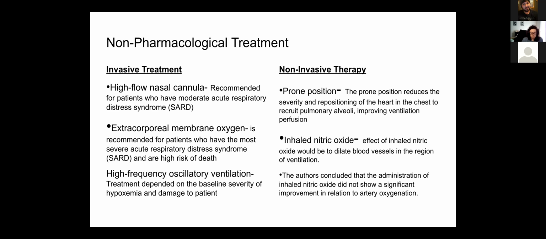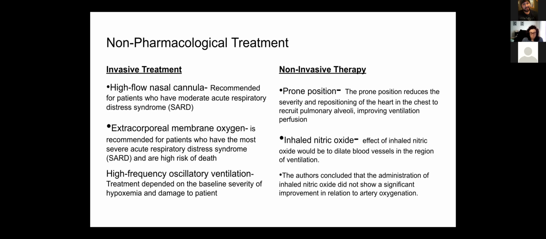What it does is drain blood from the vascular system with a pump, and it's a way of gas exchange from CO2 to O2, thus helping the patient out. It's more used for severe cases of acute respiratory distress syndrome, and those that are at high risk of death.